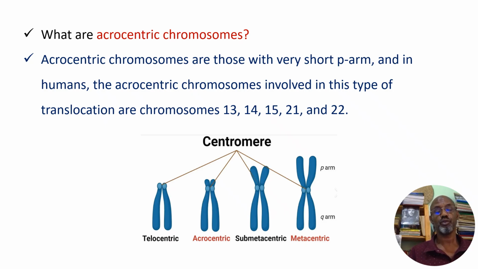Such chromosomes come together, they cut their Q arms and exchange. Of course, they also exchange their P arms. When the P arms from two non-homologous chromosomes are joined, they are very minute, very small.